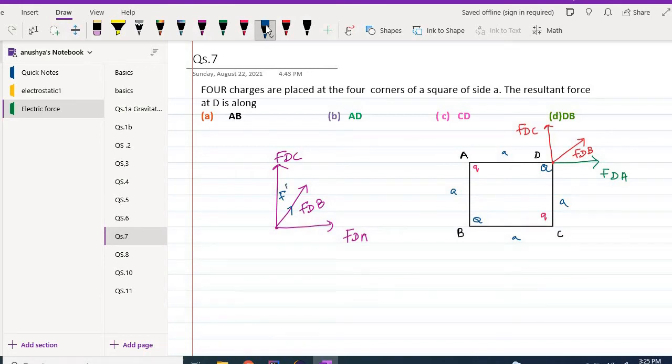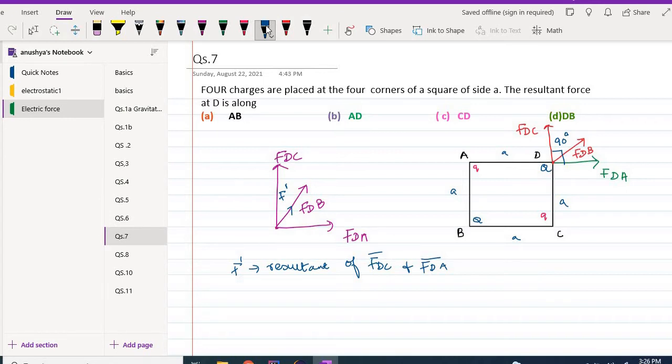So F dash is the resultant of FDC vector and FDA vector. Resultant also will be in this direction along FDB. Now the angle formed between them will be 90 degree.